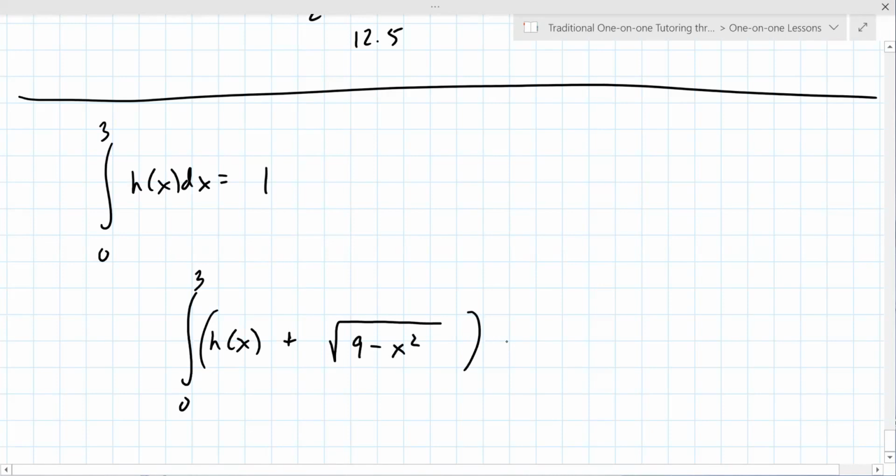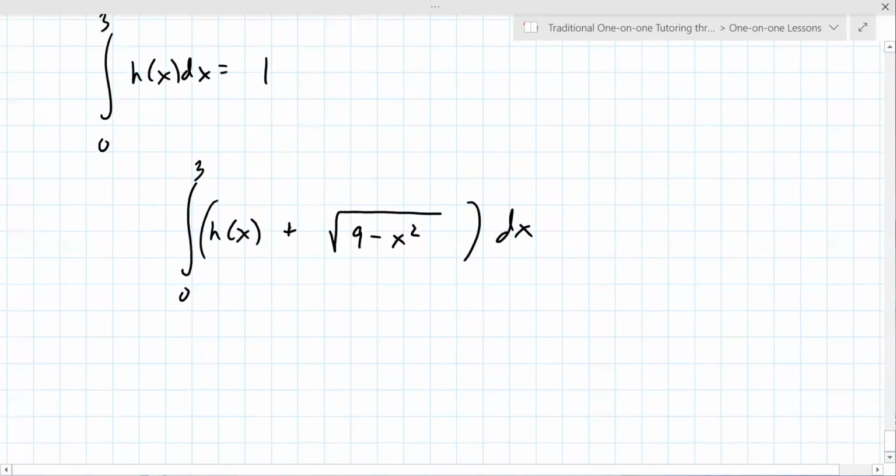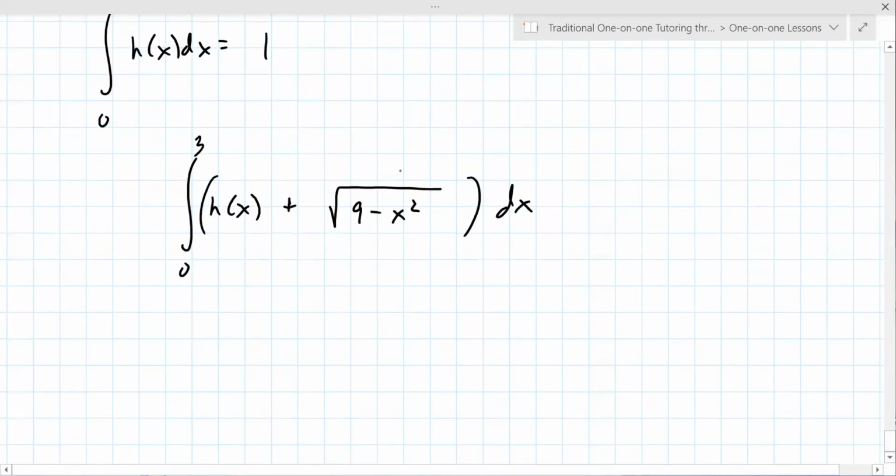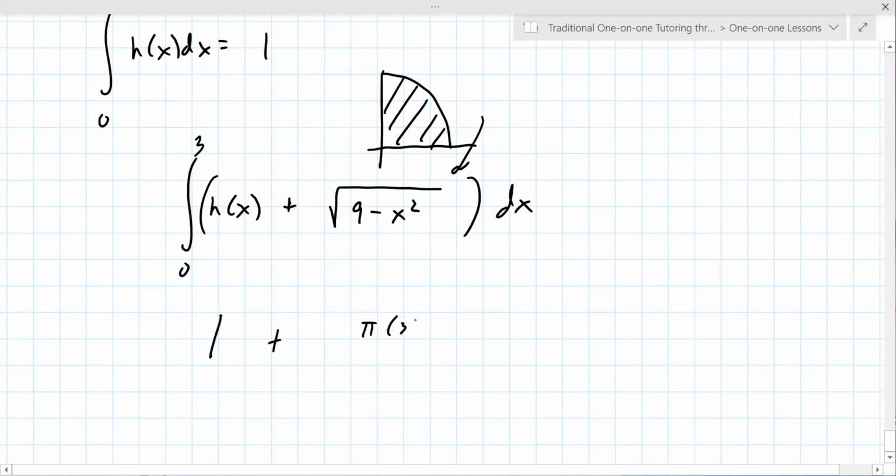Now, I don't expect you'll get this, but your instructor kind of prefaced that you would need to know that this is that quarter circle there. So the answer here is 1 plus pi times 3 squared over 4.